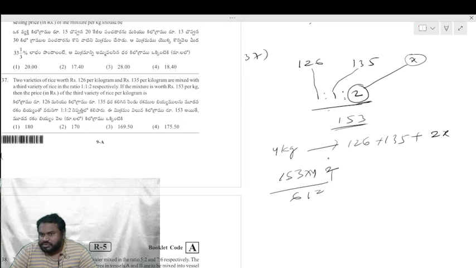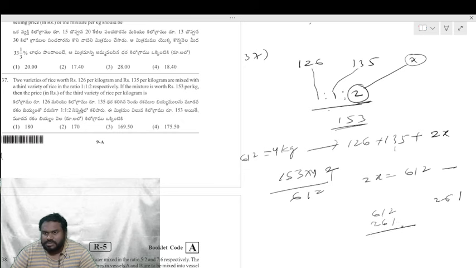Now the 612, you can make it as 2x is equal to 612 minus the sum. What is the sum? 5 plus 6, 11, 1 carry, 1 plus 2, 3 plus 1, 261. 612 minus 261 is 351.